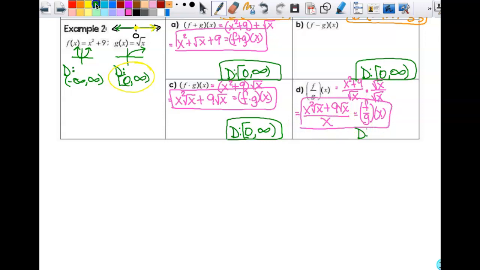Okay, so now my domain is further restricted by what I put in the denominator, which is g of x. G of x cannot equal 0. So the square root of x cannot equal 0. I square both sides and get x cannot equal 0. So the only thing that changes in my domain is that I no longer include 0, and it's just 0 to infinity.